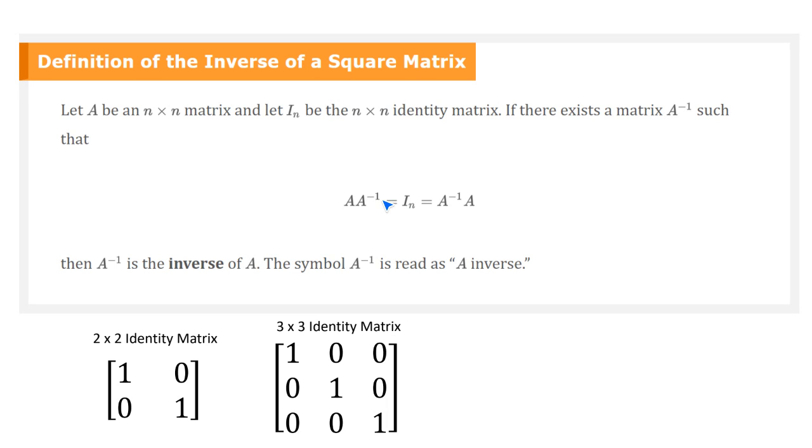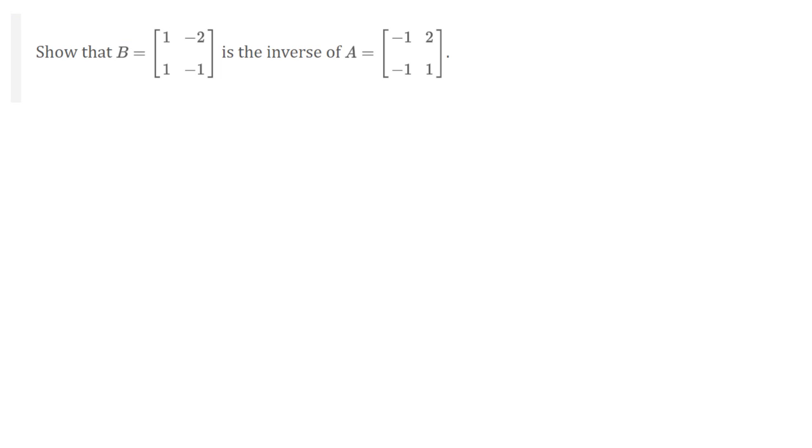But not only do we multiply A times A inverse, you should also be able to multiply A inverse times A. You should be able to reverse them, and it should still give you the identity matrix. If that occurs, then we say that the two matrices are inverses. The symbol we use for the inverse is the superscript -1. So we read this as A inverse. Okay, let me go to the next slide.